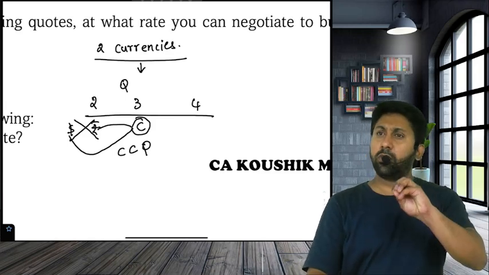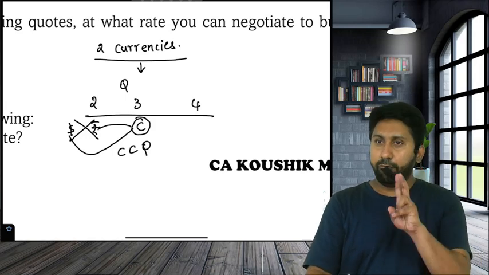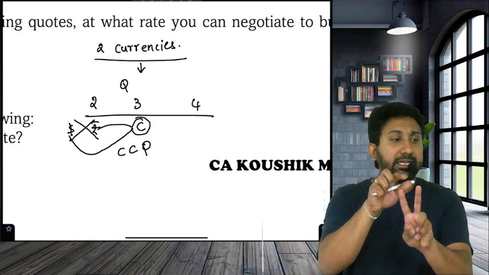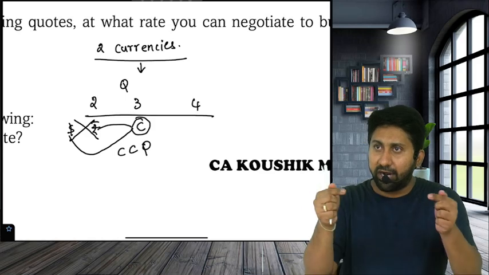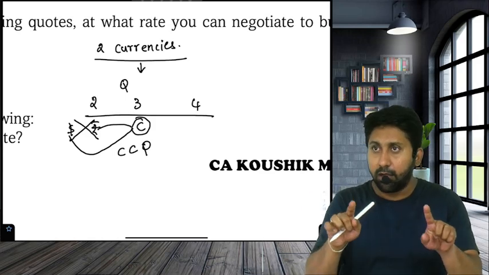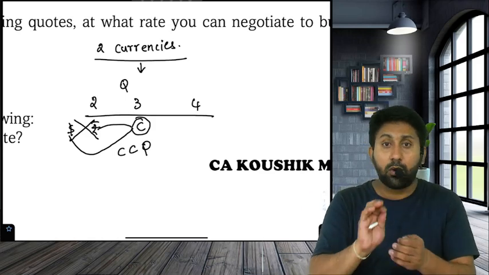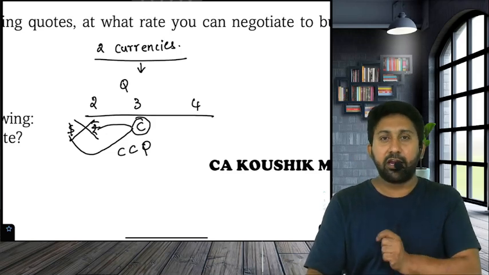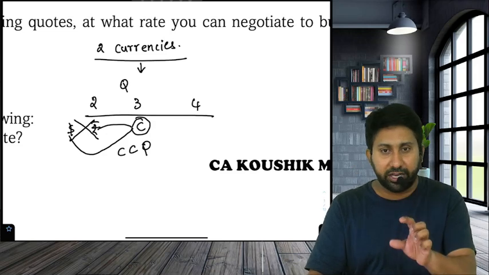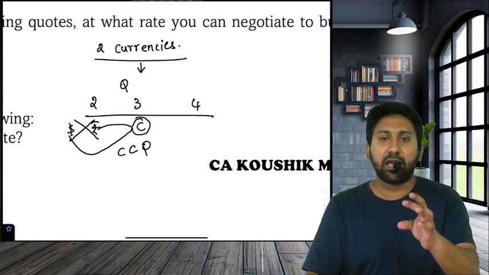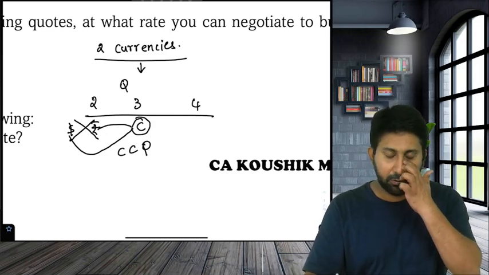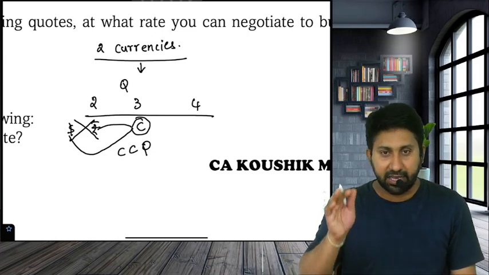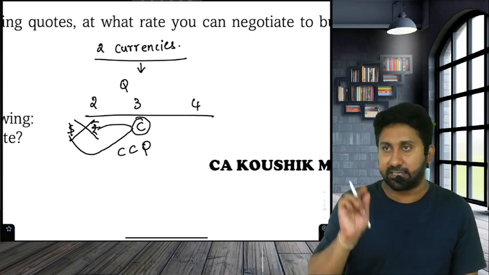So in layman's language, when two currencies are not quoted against each other, but both are quoted against one common currency, then we can calculate the cross currency quotation, taking that common currency as the base currency.